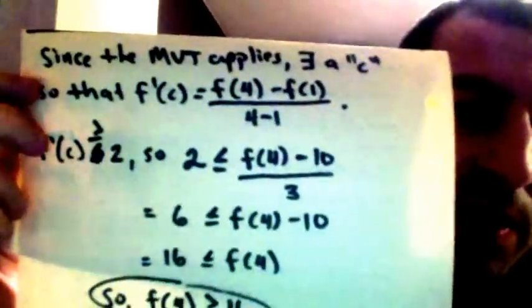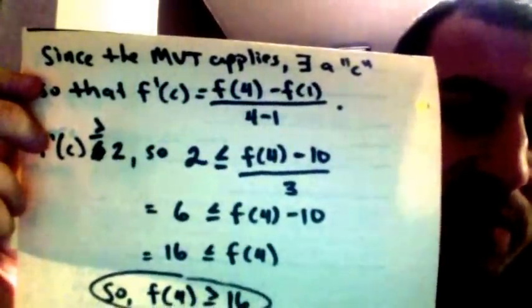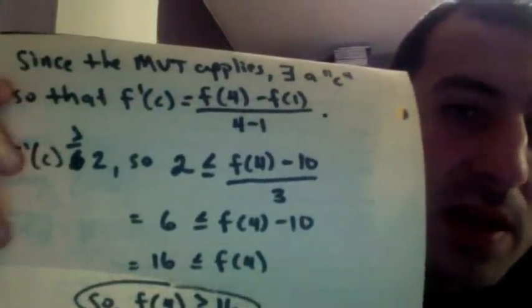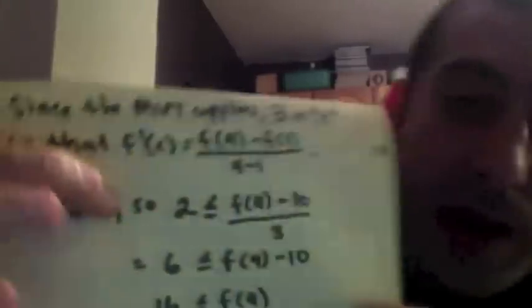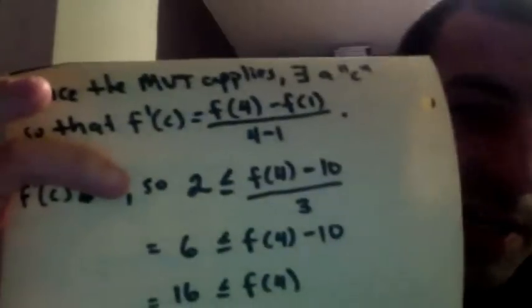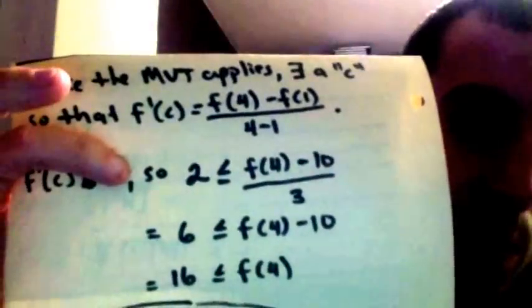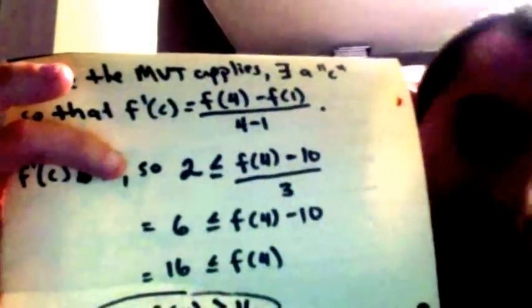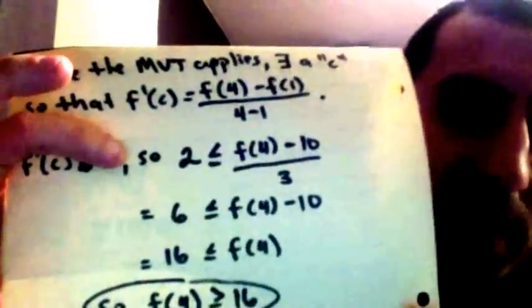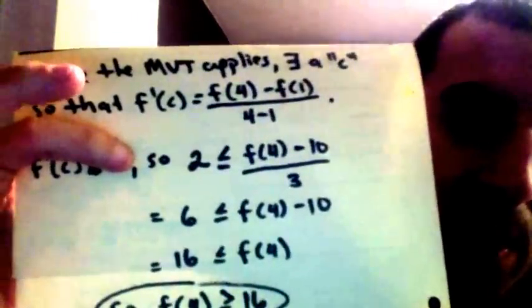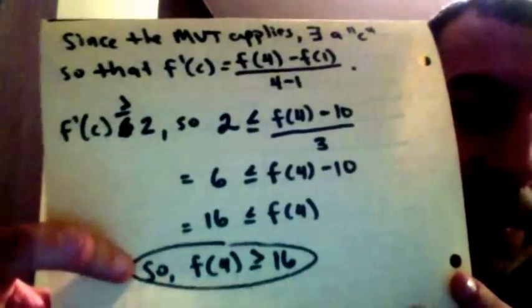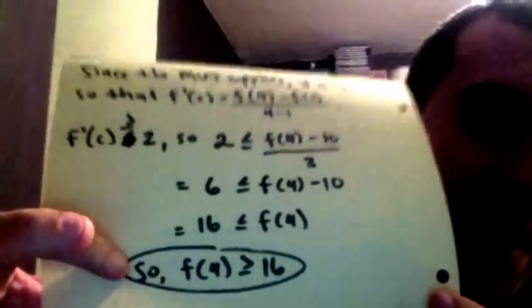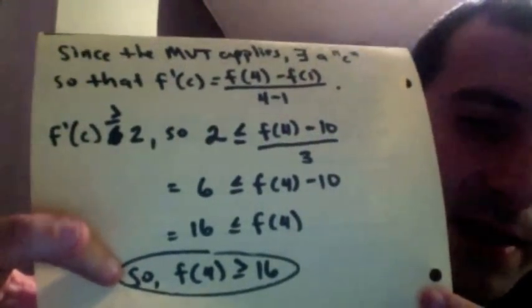And we know that the smallest value of our derivative is 2. So I plugged in the corresponding pieces, and I ended up with this inequality actually. Remember the question asked for f of 4, so once we do some shuffling and we solve for f of 4, we end up getting that f of 4 is always going to be greater than or equal to 16. So the smallest value f of 4 can take would be 16.